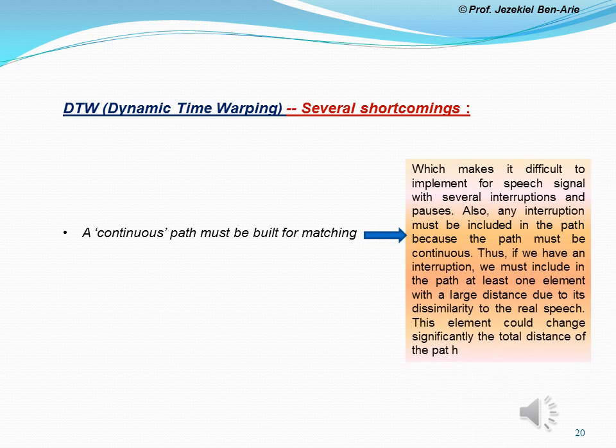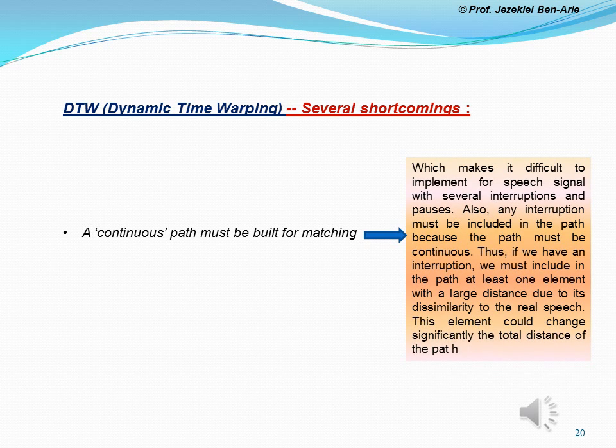Although DTW is very easy to implement and analyze, it is not free of several shortcomings. First of all, a continuous path must be built for matching. This constraint makes DTW very difficult to implement for speech signal with several interruptions and pauses. Also, any interruption must be included in the path because the path must be continuous.